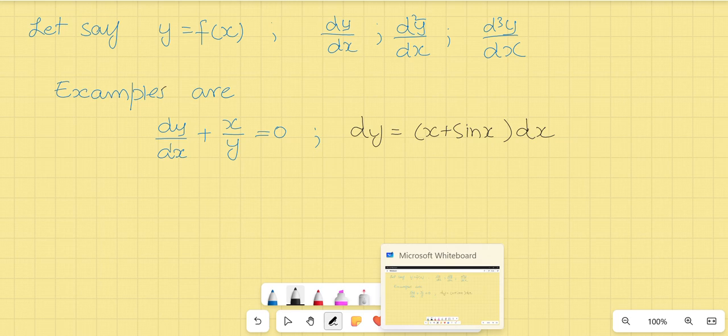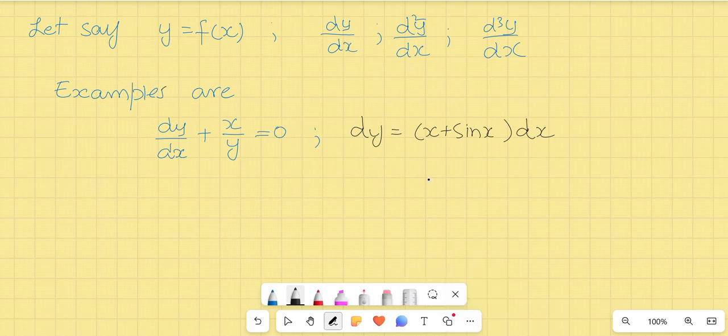All right, so these are the different examples. So let's go and check what the order of a differential equation is.